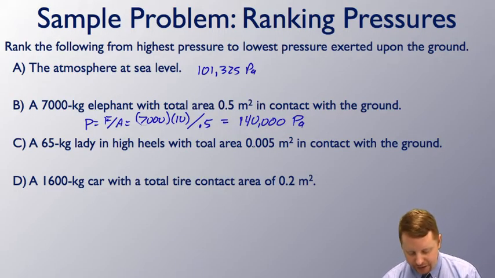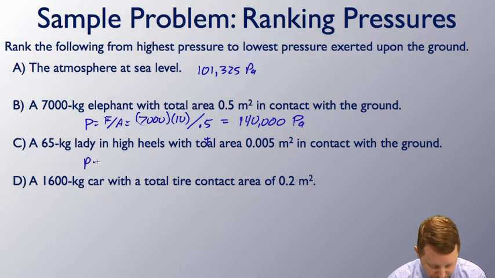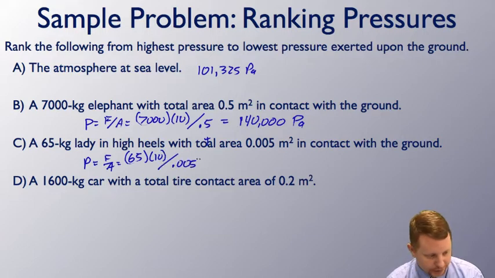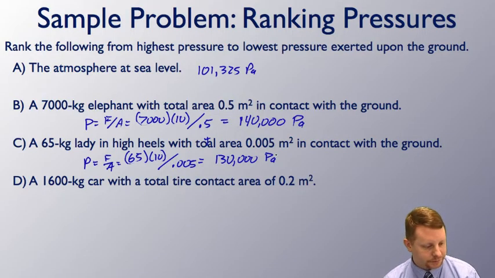A lady in high heels with total area 0.005 square meters in contact with the ground. Well, pressure equals force over area, which is going to be 65 times 10 divided by 0.005, or about 130,000 pascals.